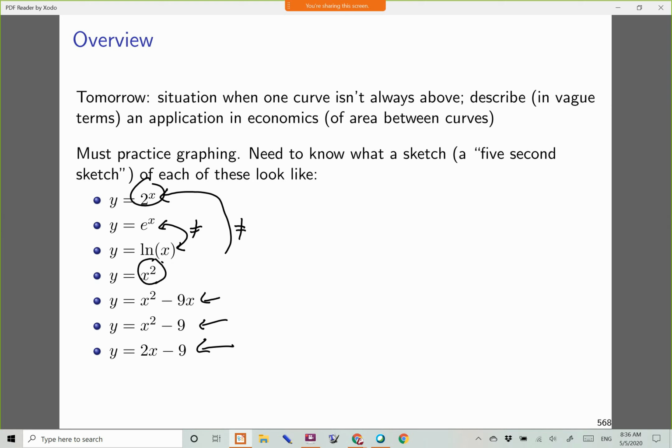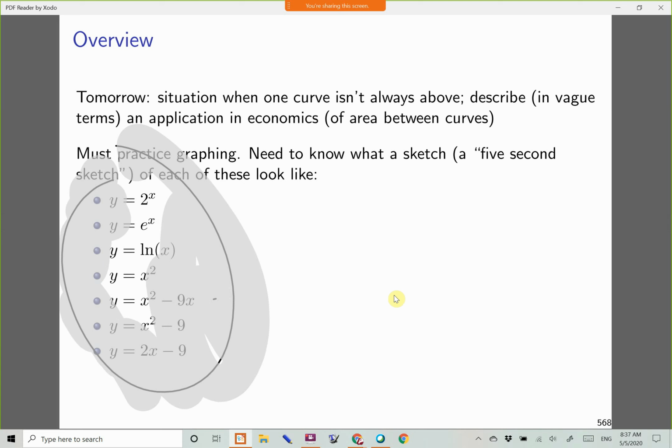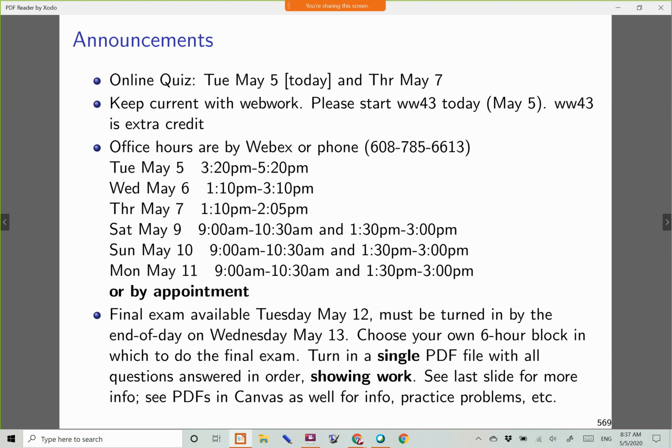Some of the things in this list would be sort of typical functions where I want you to go, oh yeah, that's what the graph of this roughly looks like. So it's important to have what I would call a 5-second sketch of these in mind. It's one last piece of algebra that we haven't really used a lot, but with this section, think of everything that you've done in an algebra class. It really appears in calculus at some point.